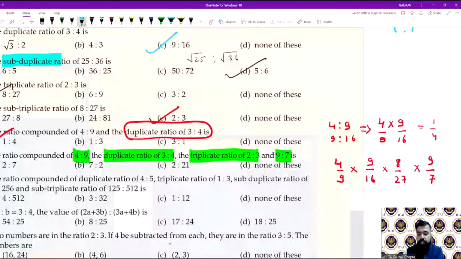Now we can cancel them and get the result. 9 got cancelled. Here also 9 cancelled with 3. 8 and 16 cancelled, 2 and 4 cancelled. So what is left? 2:21. Option number C. So option C is correct.